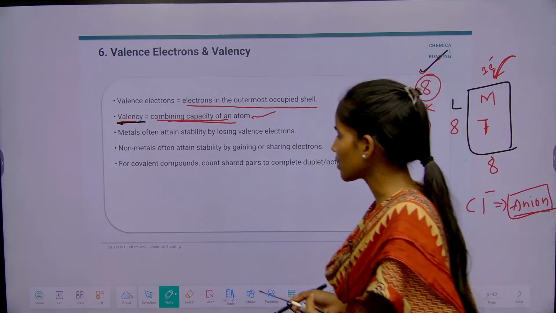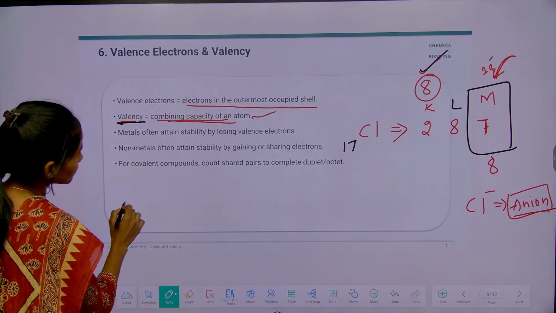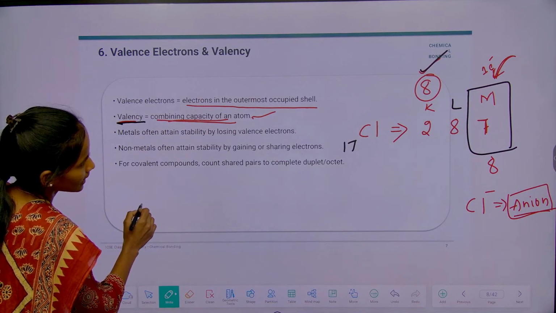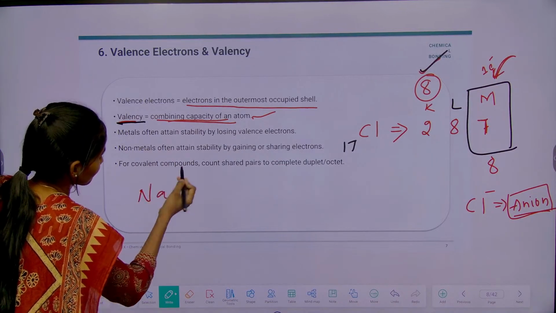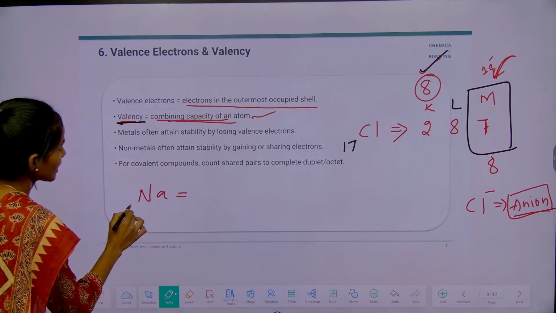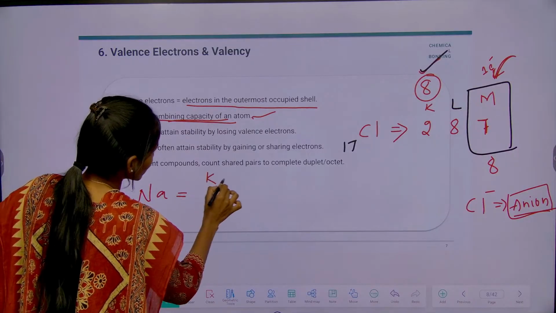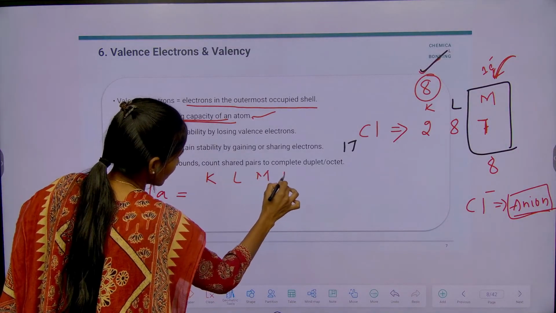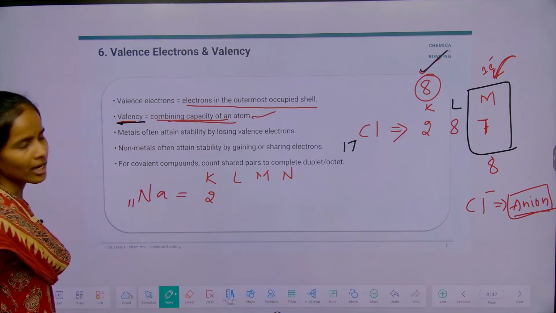Similarly, what example can we take? We will take sodium. What is the electronic configuration? Sodium's atomic number is 11. For the K, L, M and N shells: the K shell capacity is 2, so we fill 2.